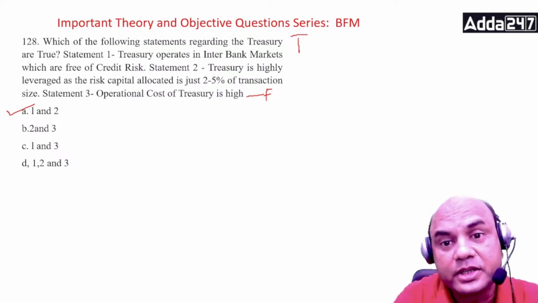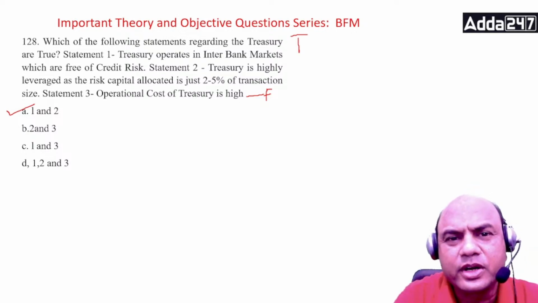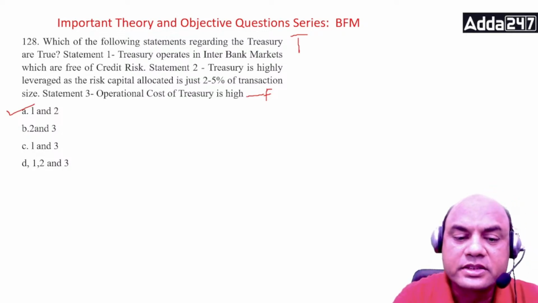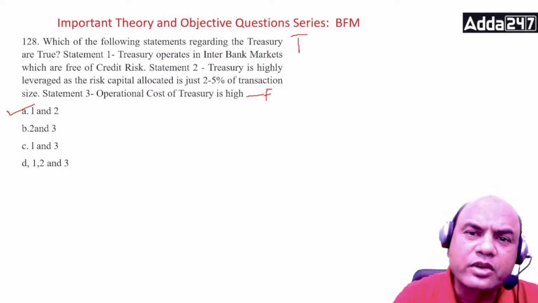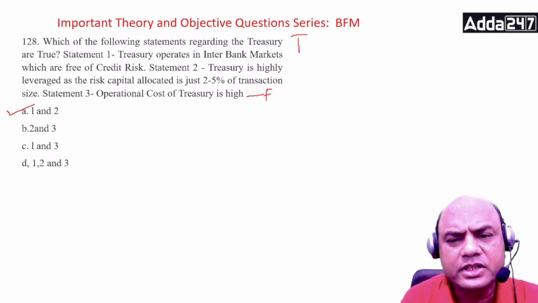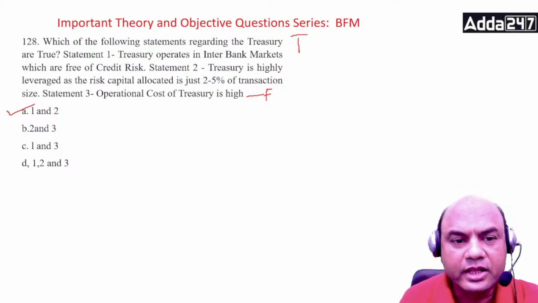It's so much leveraged. This is a basic point, because only a smaller amount is provided to treasury, all the banks are nowadays focusing on treasury operations, because that is the lowest cost business. That's why all want this treasury business. Got it? So that's the answer.